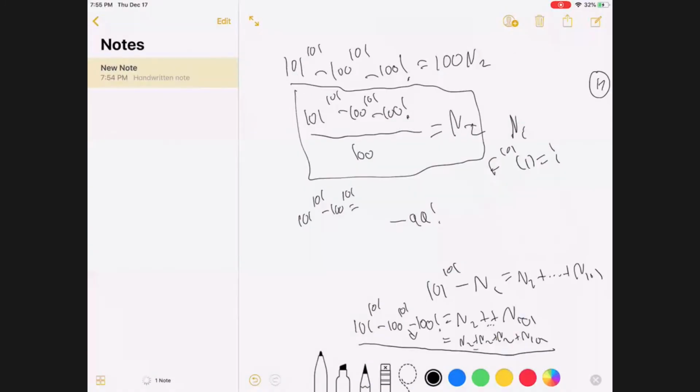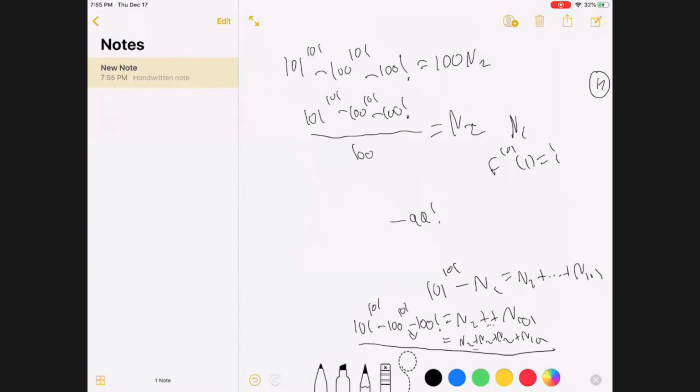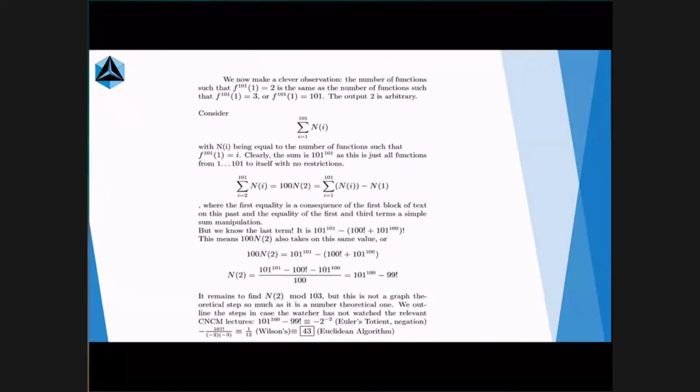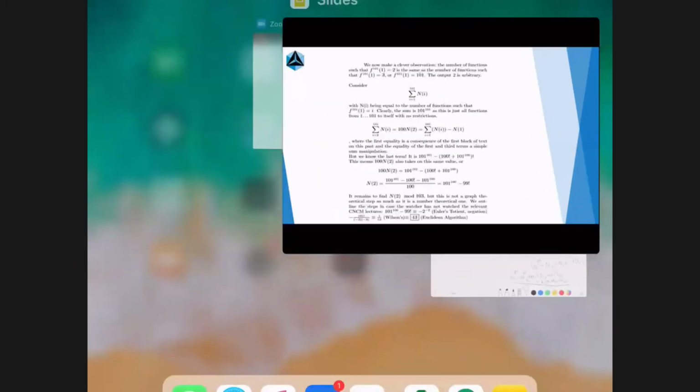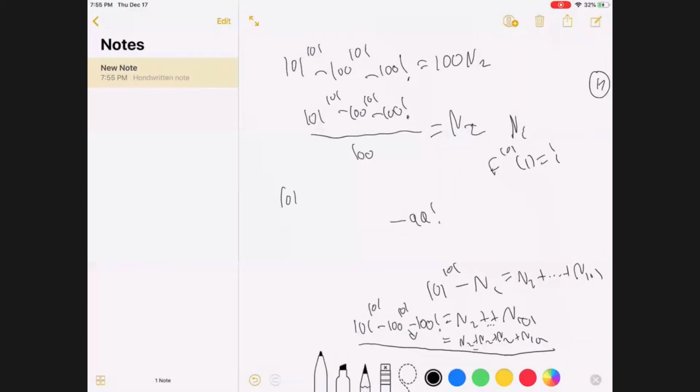Let me rewrite this a little bit just for ease of understanding. So the idea here is that 101 to the 101 minus 100 factorial over 100 is 101 to the 100, and 100 to the 101 over 100 equals 100 to the 100.